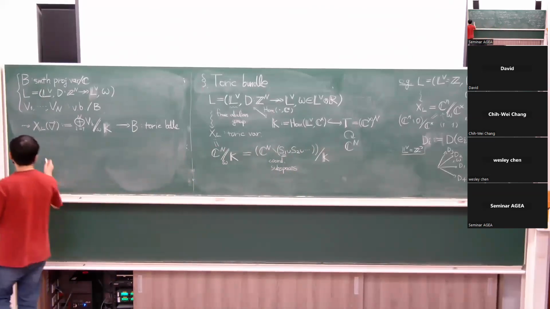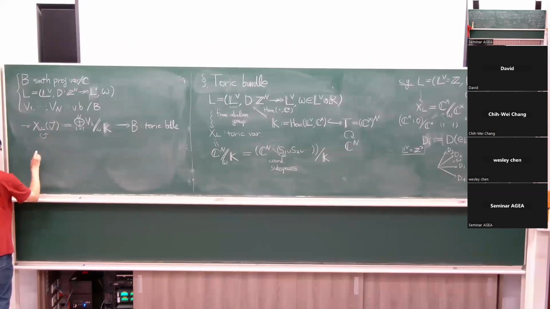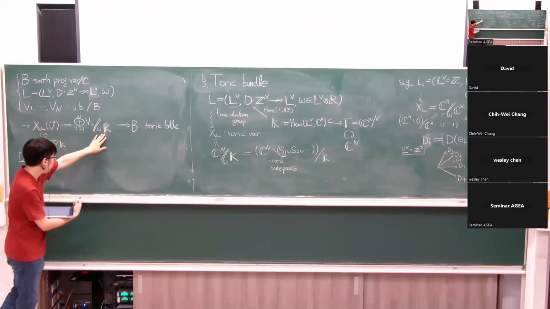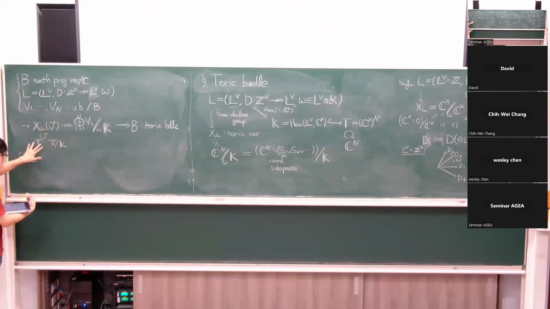And this bundle is endowed with a fiber-wise torus action. Yeah, T acts on this bundle, but we take the quotient by K, so it reduces to a T over K action.